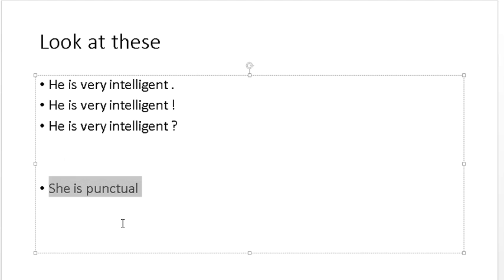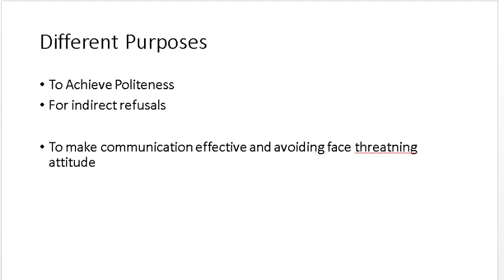No. Here I'm indirectly criticizing her, indirectly chiding her: I say she is punctual, but actually she is not. So here non-verbal cues are communicating everything. Our prime focus is not these words, and the token value of these words is something else, but the real value is conveyed through the context. So context and vocalics play a very important role.